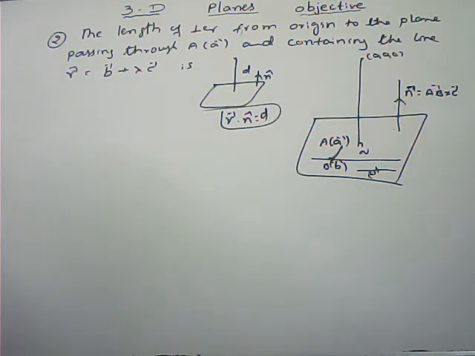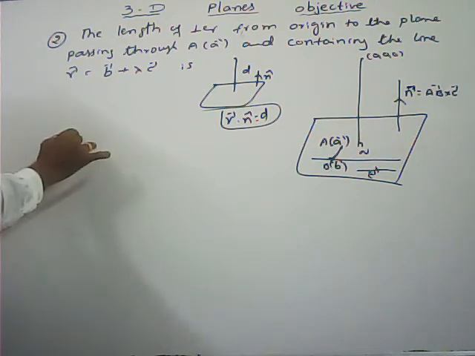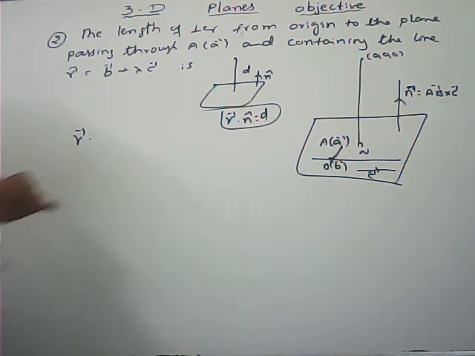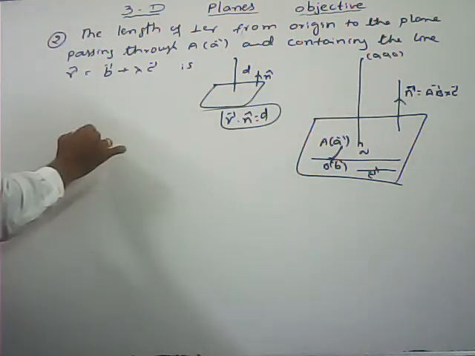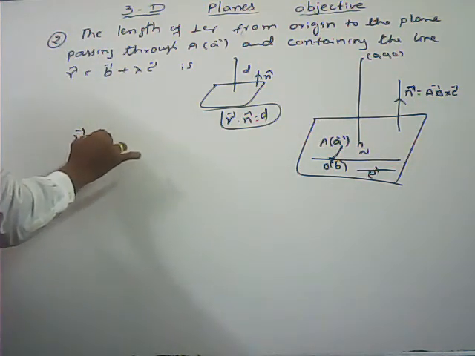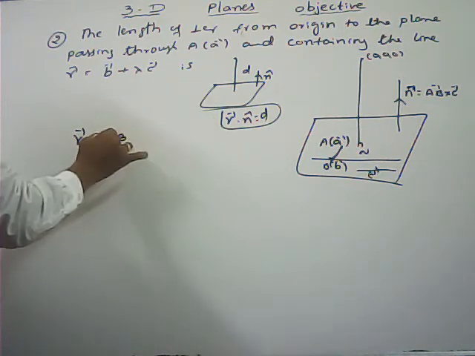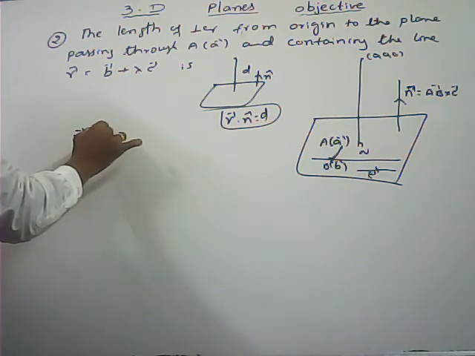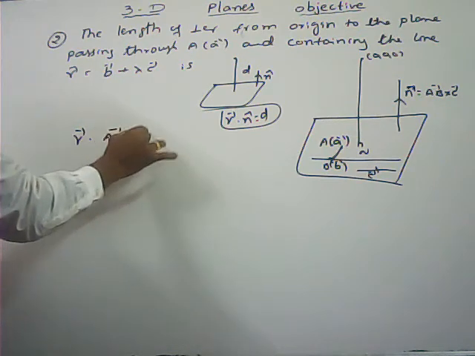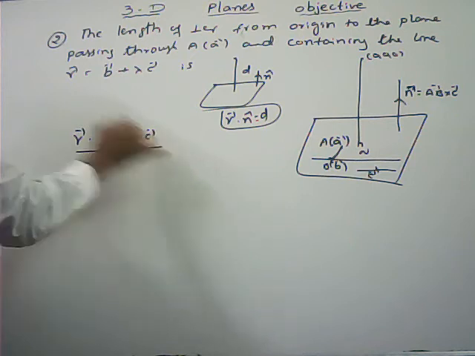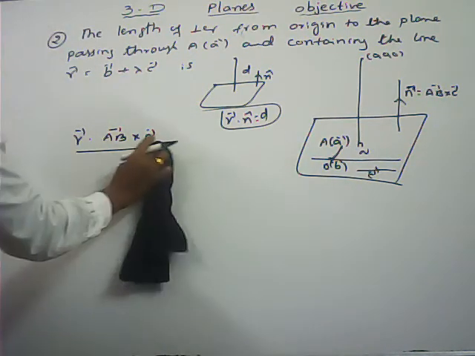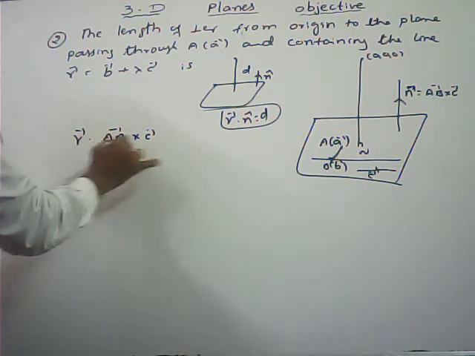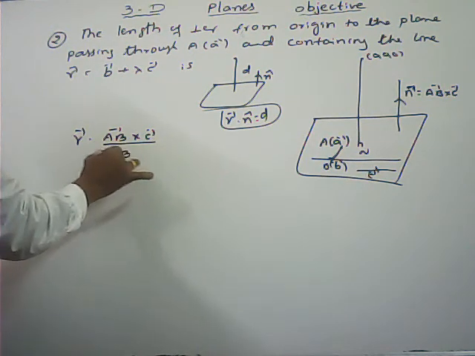Now here also, r bar dot n bar, where n bar is AB bar cross AC bar. Here I am finding n cap. How to get that? AB bar cross AC bar should be divided by its modulus, the modulus of AB bar cross AC bar.